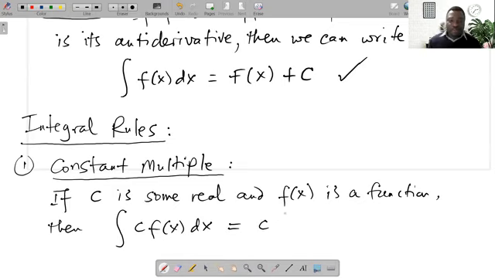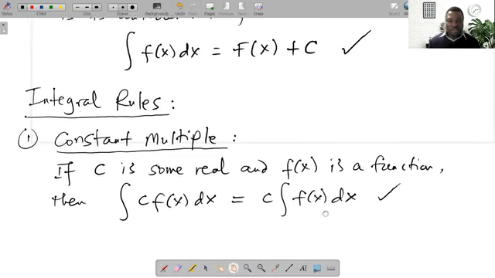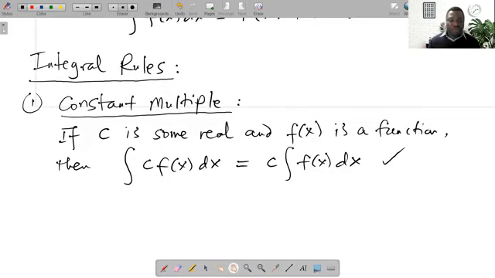So this is the same as c outside the integral of f of x dx. So this is always true. This is the first rule that we have to look at.